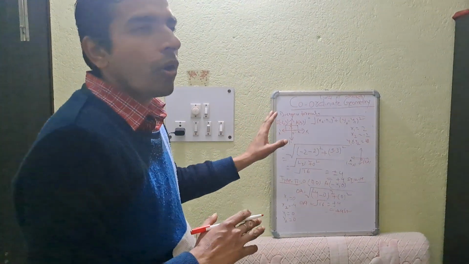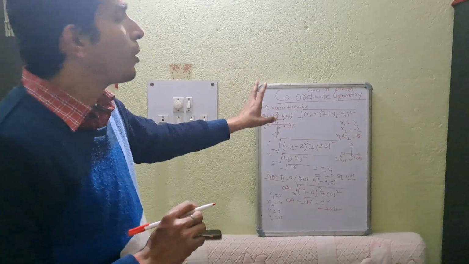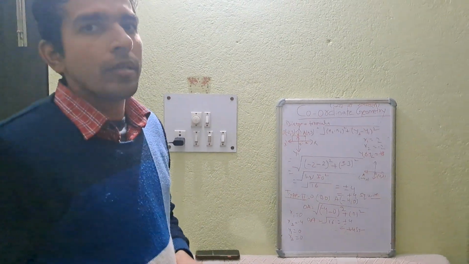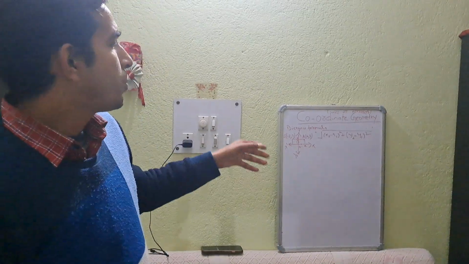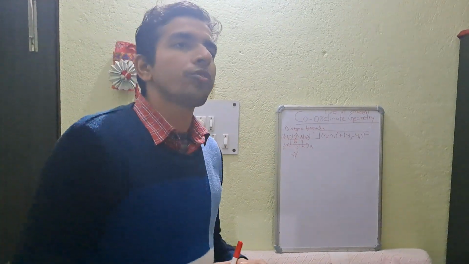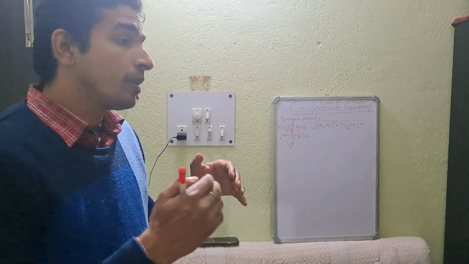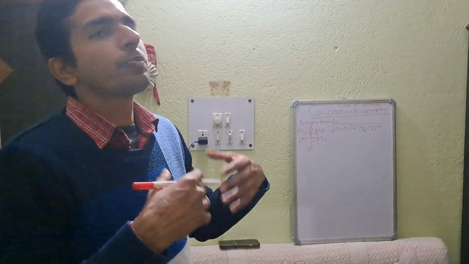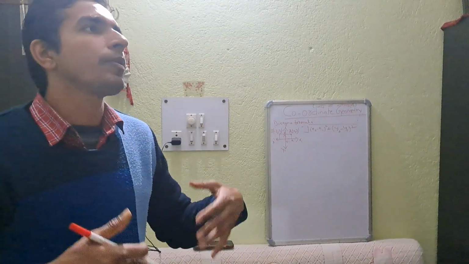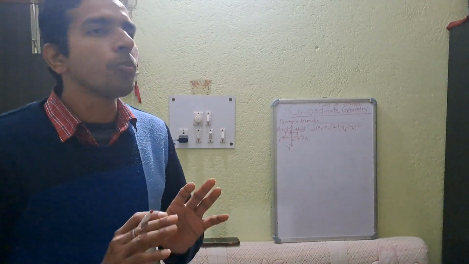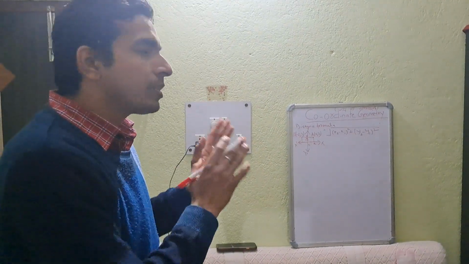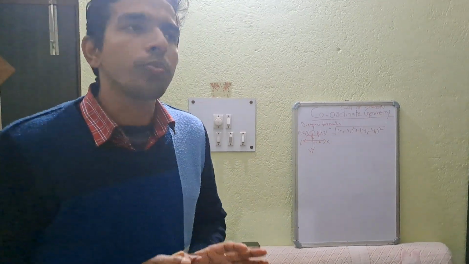But as of now, we will be focusing mainly on the 2 axes, x axis and y axis. Okay, so we had taken the previous 2 to 3 examples in which we had calculated the distance between the 2 points irrespective of their location, wherever they are located in space. It doesn't matter, we will be applying the distance and section formula for calculating the distance between the 2 points.